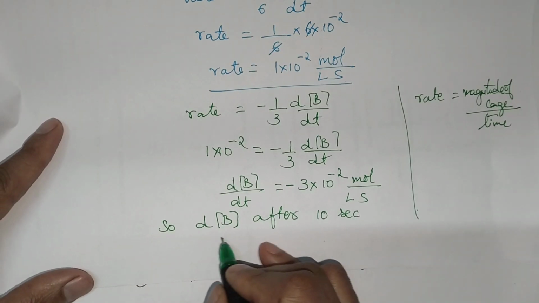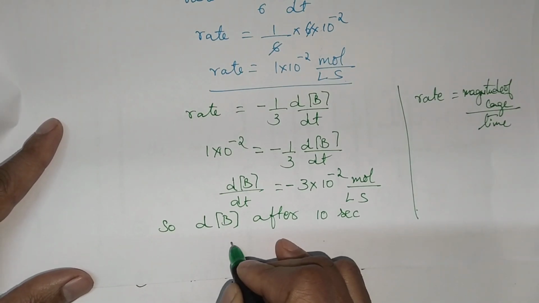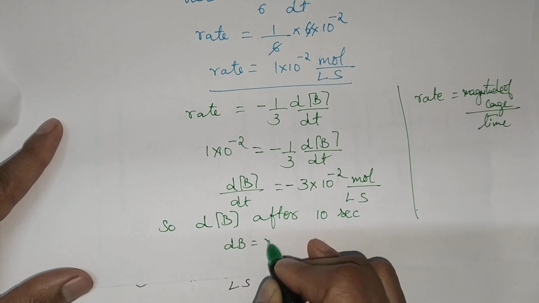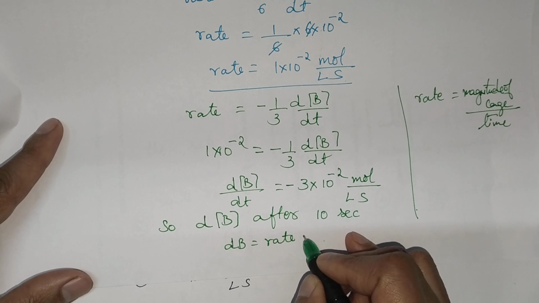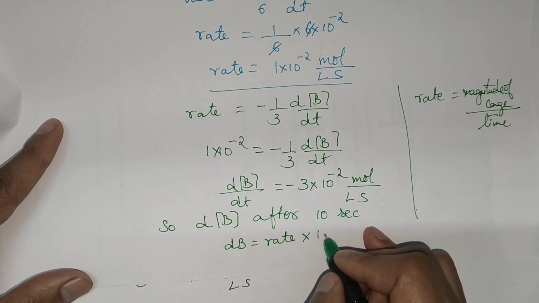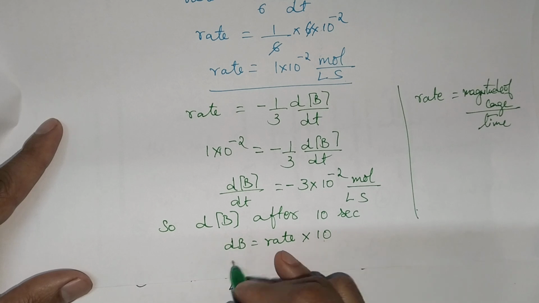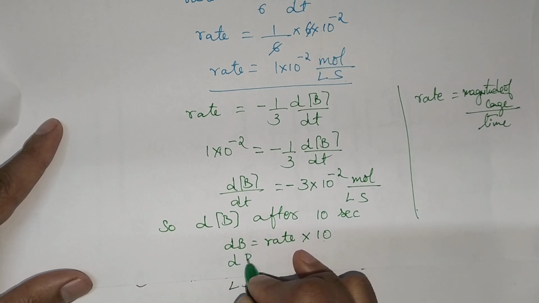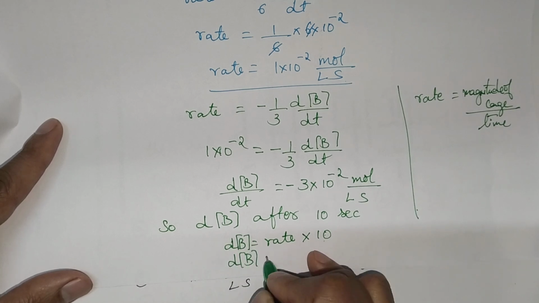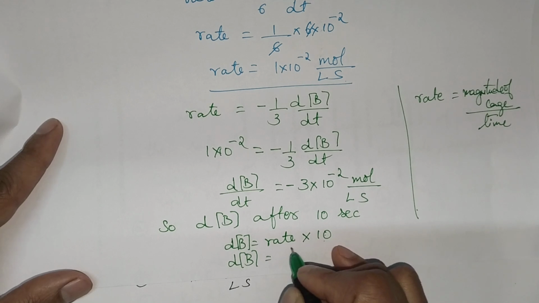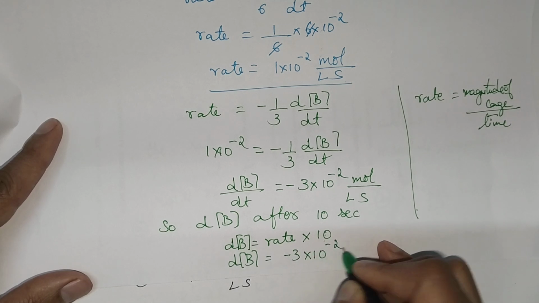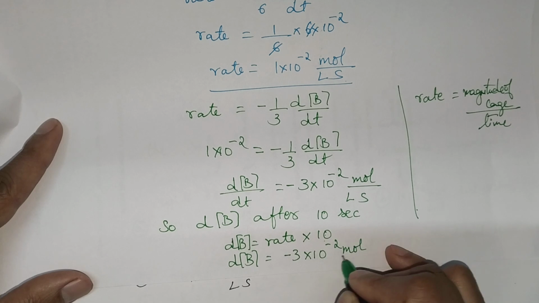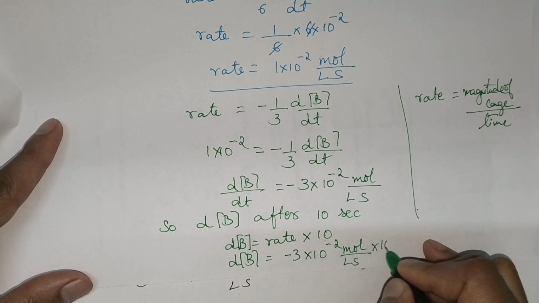So we get dB is equal to rate, that is dB by dt, multiplied by 10 seconds, which will give us the change in the concentration of B is equal to minus 3 into 10 raised to minus 2 mole per liter second into 10 seconds.